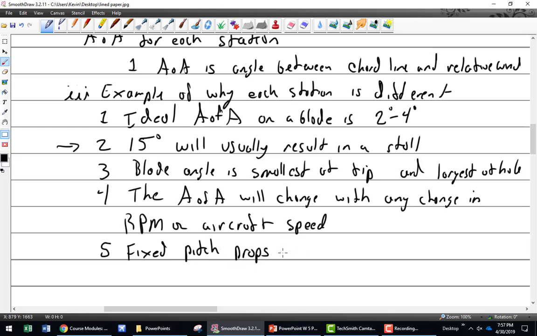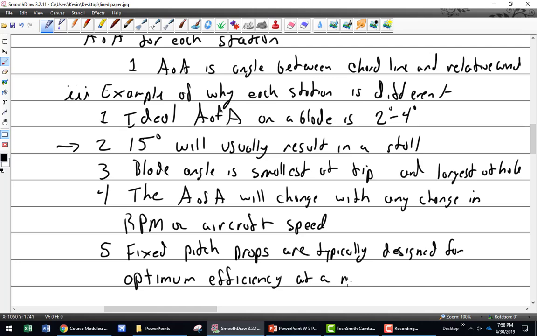So fixed pitch props are typically designed for optimum efficiency at a narrow set of parameters.